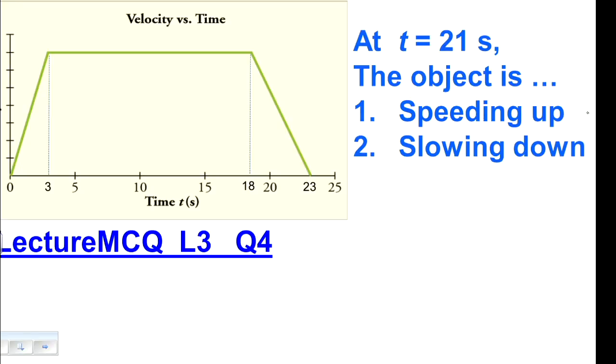Next question. This question is for you. At t equals 21, 21 seconds is here. What is happening to the object? Is it speeding up or slowing down? So you should choose your answer and enter it.